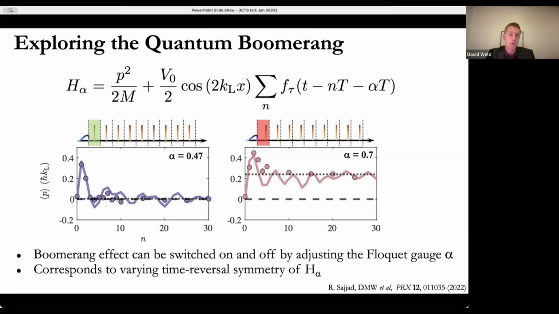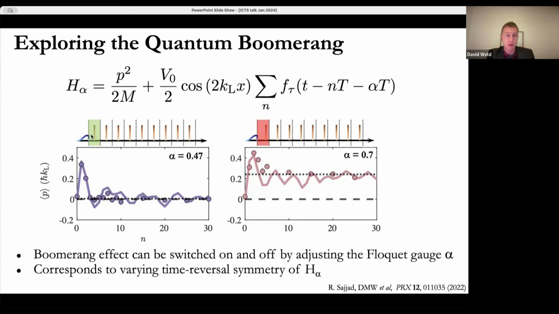So one way to probe the impact of time reversal symmetry on the quantum boomerang effect is to controllably remove that symmetry. And that can be done in this context by adjusting something we call the Floquet gauge. And this is actually, in practice, a very simple thing. It just corresponds to how long you wait before the first kick.